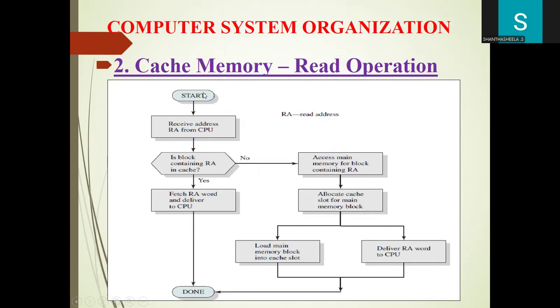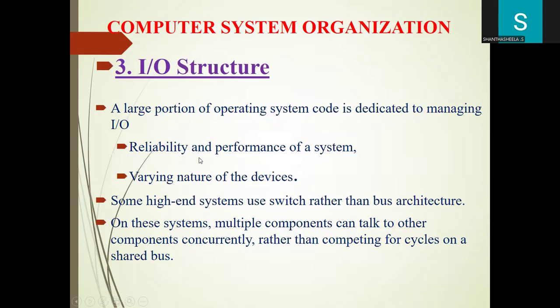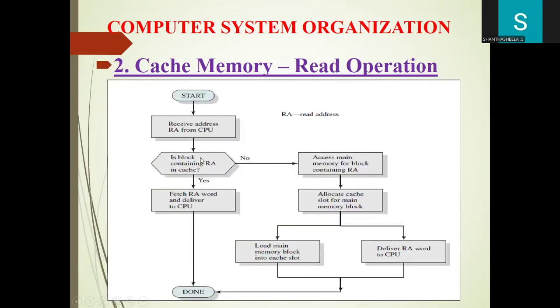So first, to start with, receive the read address from the CPU. Is the block containing the read address in the cache? First, we have to check whether the address is present in the cache or not, whether a particular block of data is present in the cache.